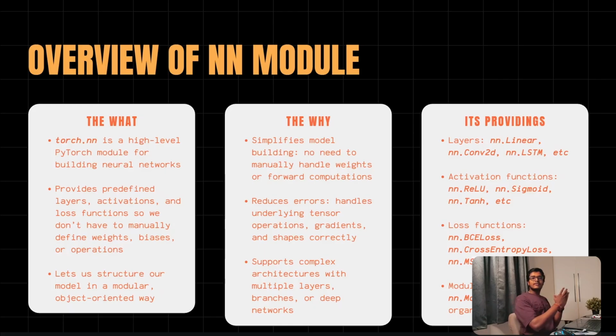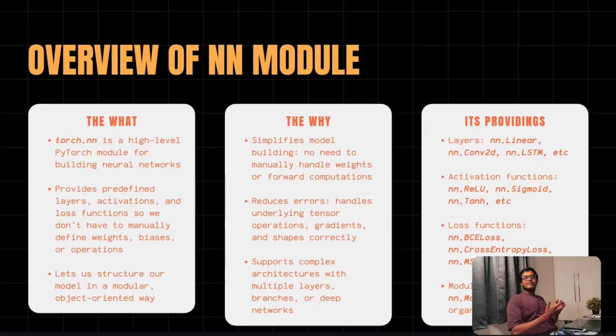Actually, this NN module provides us predefined layers, activation functions, and loss functions, so that we don't have to manually code them as we did. So we don't have to do that from scratch. We can use this pre-built stuff and make the process much faster. And trust me guys, these layers, activations, and loss functions which are provided by our NN module are highly optimized.